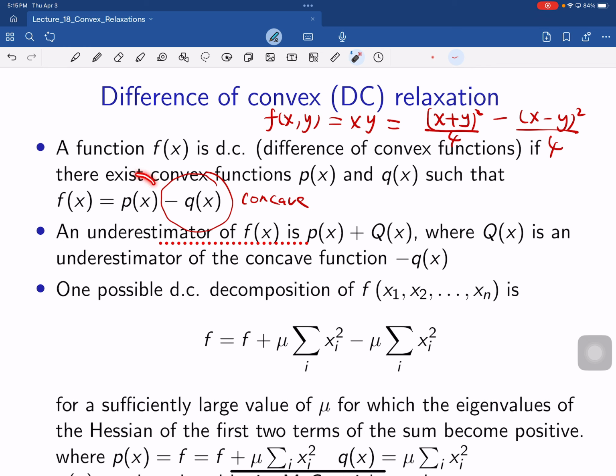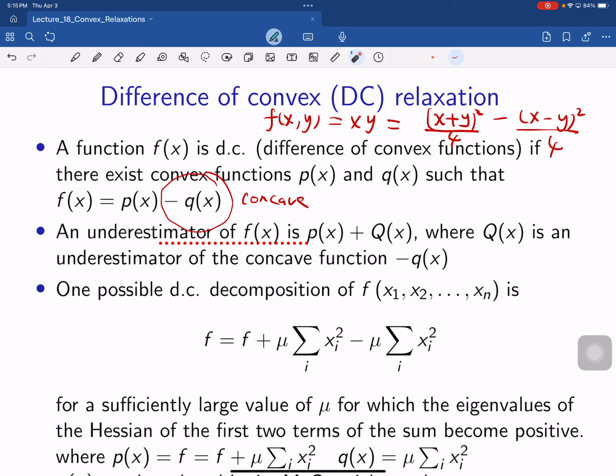So the first part is already convex, you are good. But the second part is not convex, it's concave. If you can come up with a convex underestimator of the concave function, then you will get a convex underestimator for the whole function f.